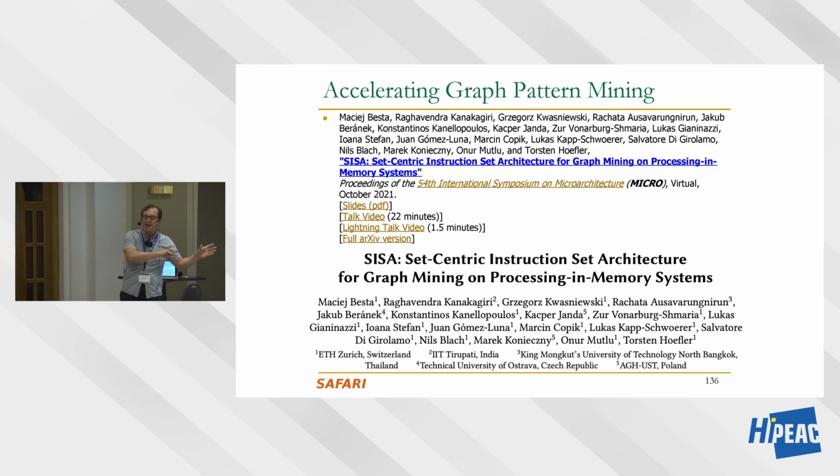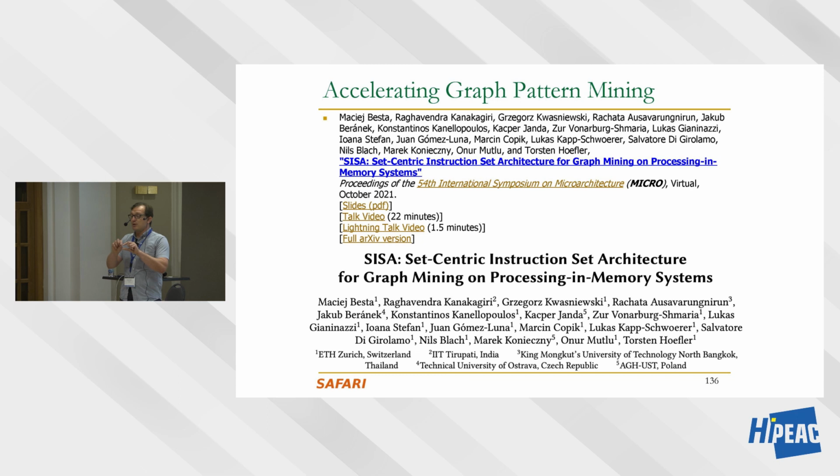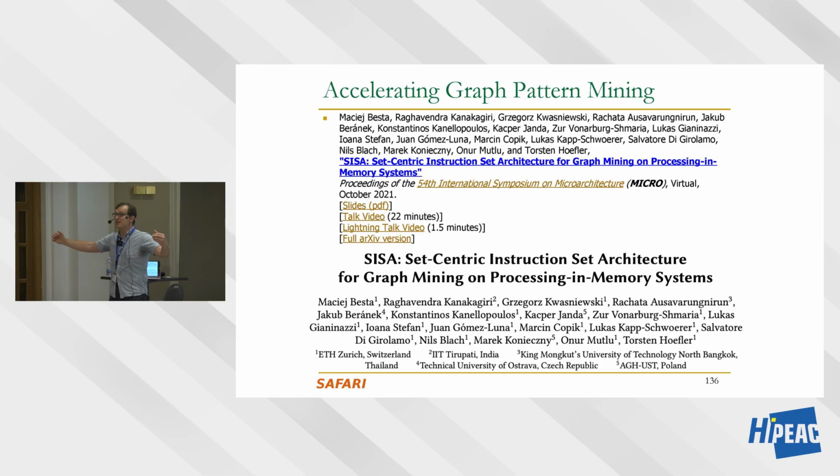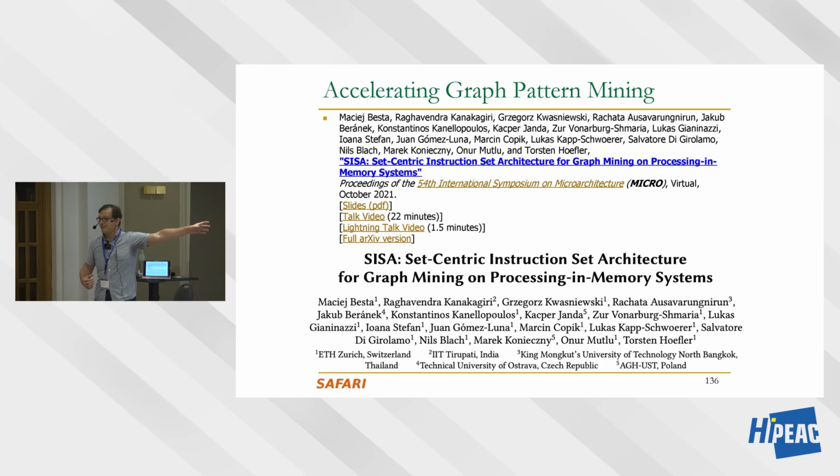If you remember Ambit, the previous bulk bitwise operations, one of the benefits is if you're doing set operations, like set intersection, set union, those are all AND or OR operations. So you can actually do the bulk bitwise operations on bit vectors. So we wanted to represent graphs using bit vectors and then map this to processing using memory and processing near memory.